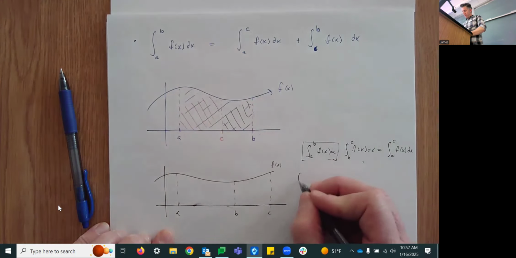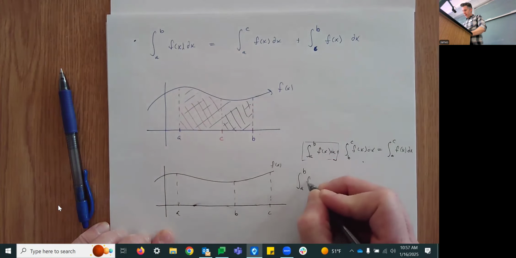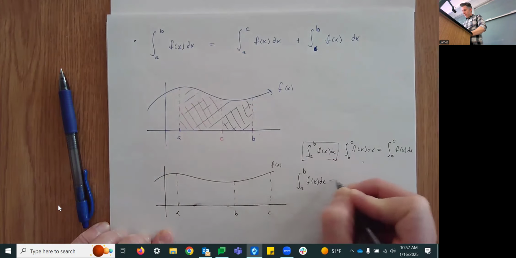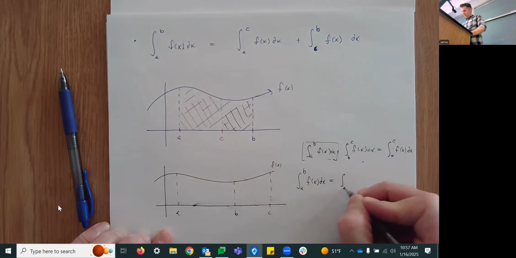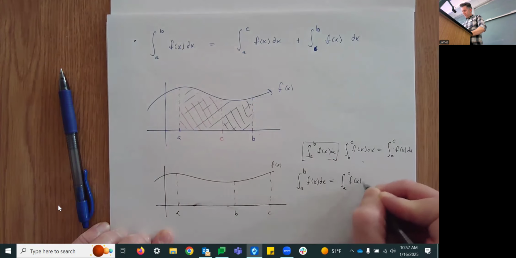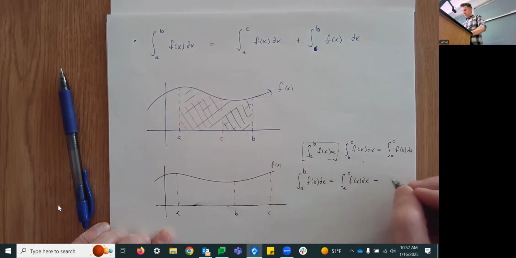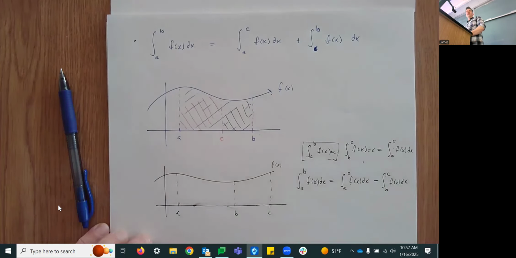So now I have the integral from a to b of f of x equal to the integral from a to c minus the integral from b to c. And I'll remind you of something we did last time. If you change the order of the limits of integration, it changes the sign of the integral.